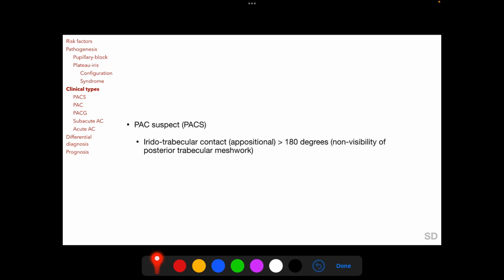The three entities in the asymptomatic PAC spectrum are primary angle closure suspect, primary angle closure, and primary angle closure glaucoma. Primary angle closure suspect patients have more than 180 degrees of iridotrabecular contact, which is appositional, as a result of which the posterior trabecular meshwork is not visible for more than 180 degrees.